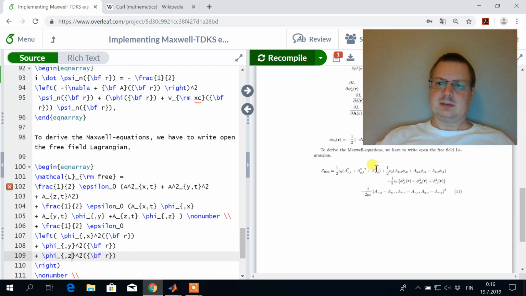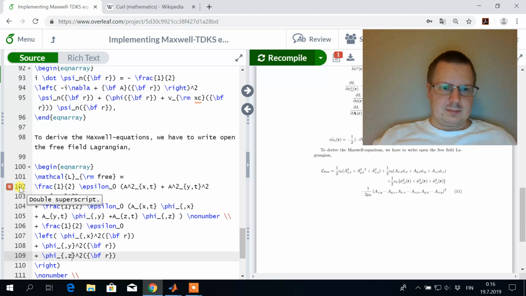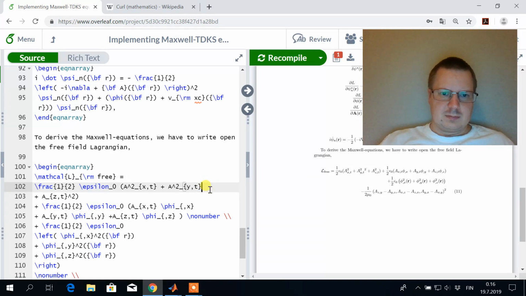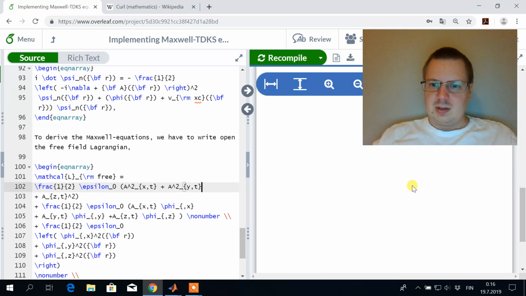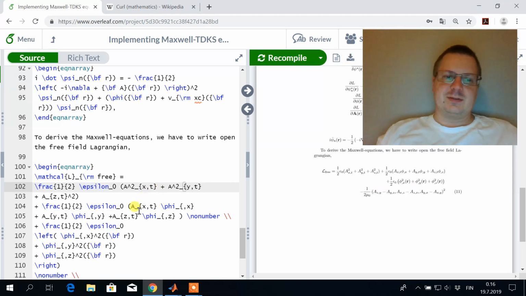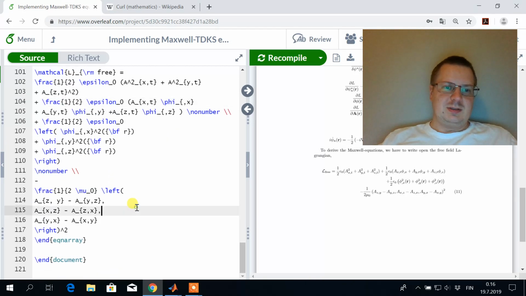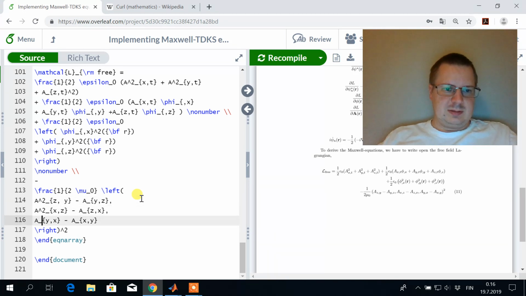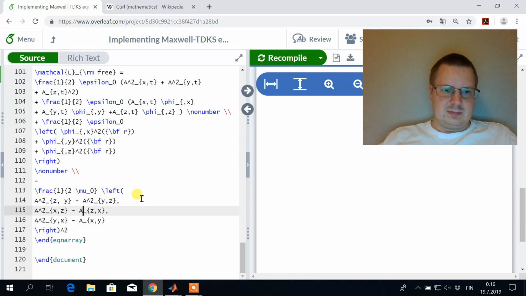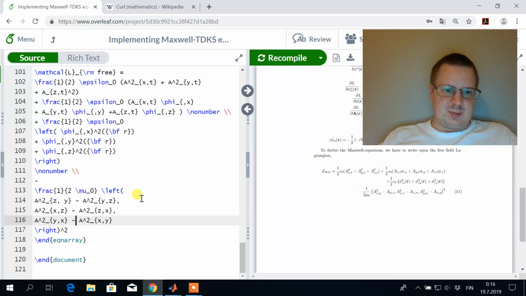Okay, and now there's a little bit tricky part here. We have to square this vector now, so it's going to be even worse. So essentially these two terms will become 3 terms.